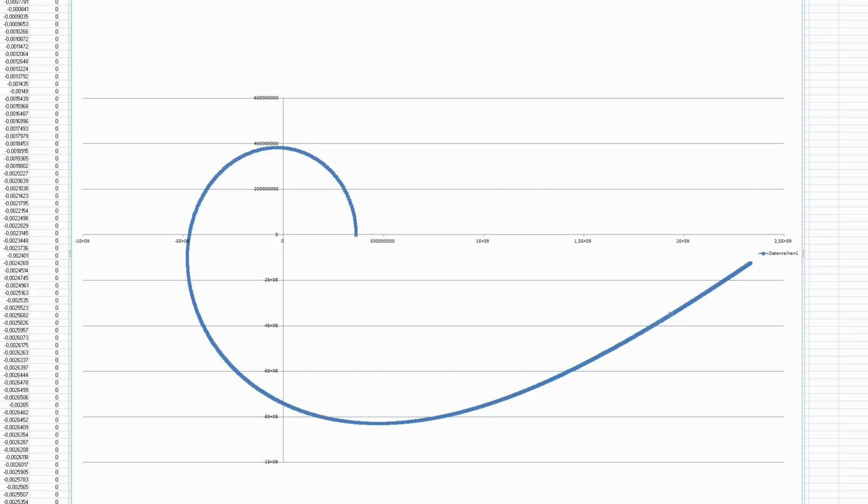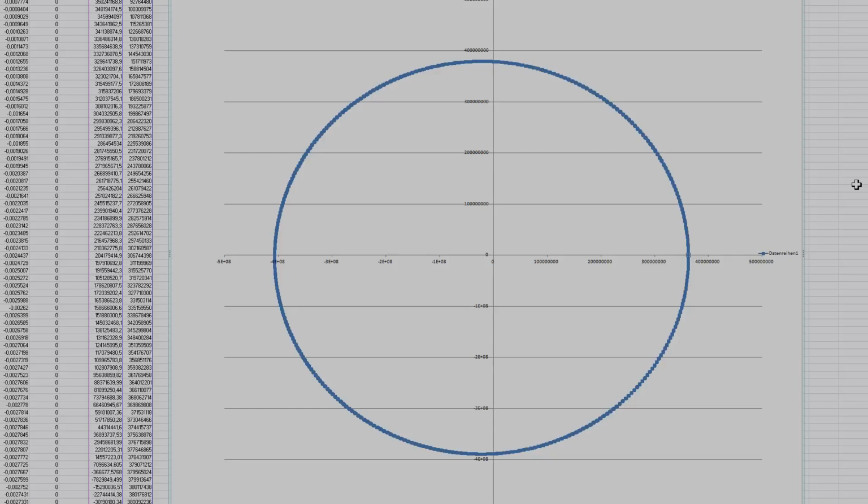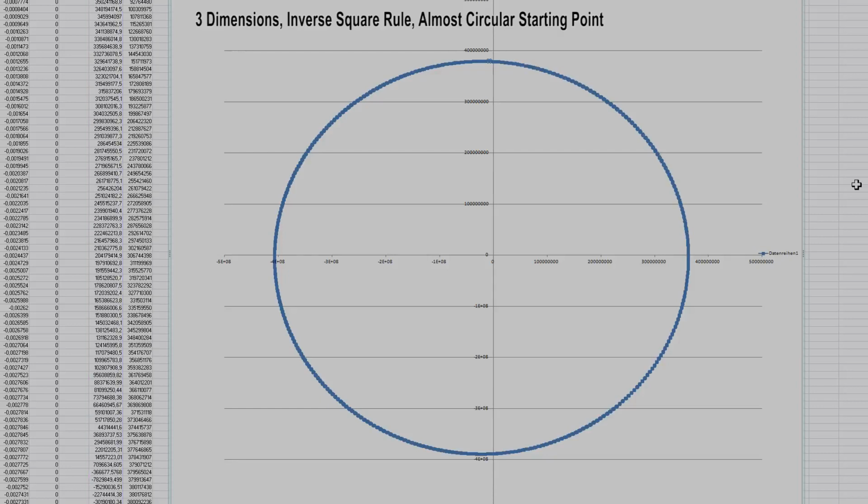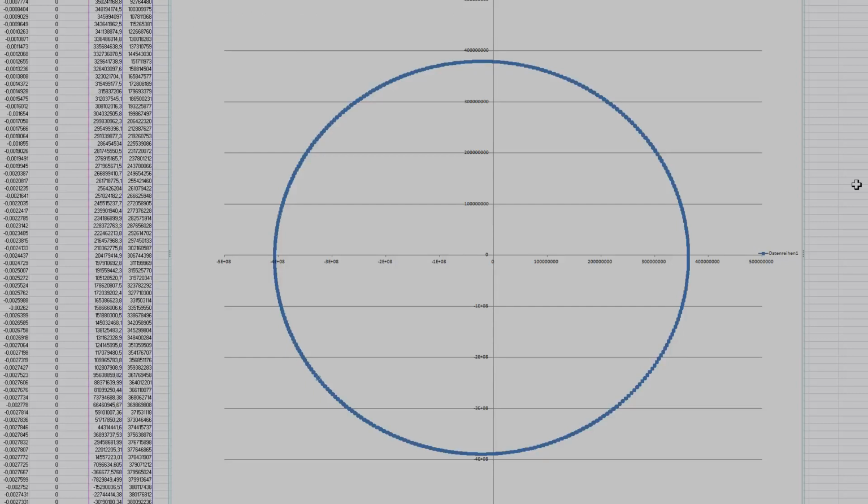Whereas the three-dimensional model, following the inverse square law, is a lot more practical to handle, and it is a lot more stable. It follows Kepler's laws. It's always either an escape trajectory or a periodic orbit.